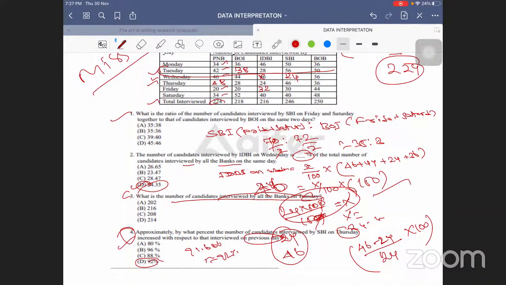The total is 214, so option D. 214 is the answer. So clear this kind of questions.